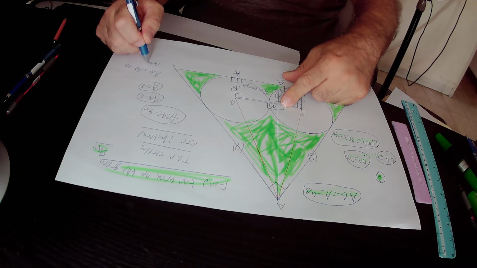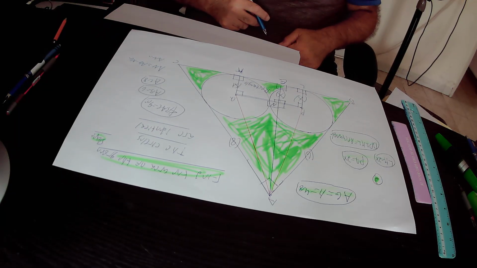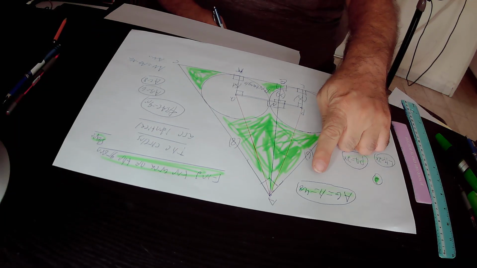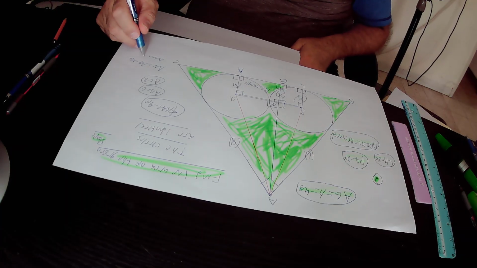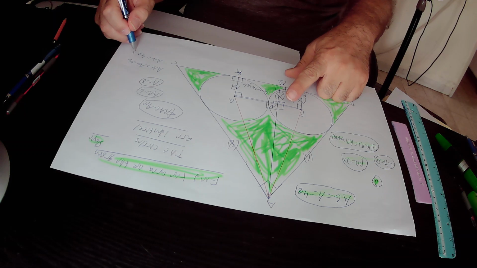AG is the height to the base BC, and it equals 4.8, minus NG. NG, as we just found out, equals x. So in total, AN equals 4.8 minus x units in length.